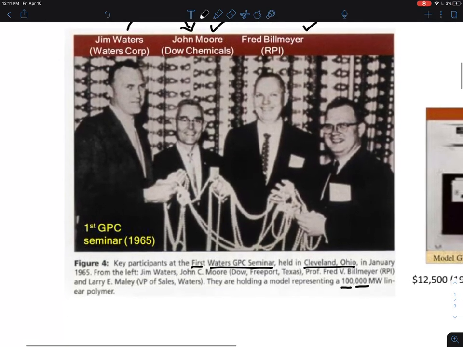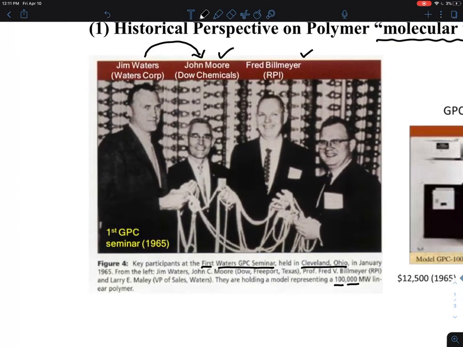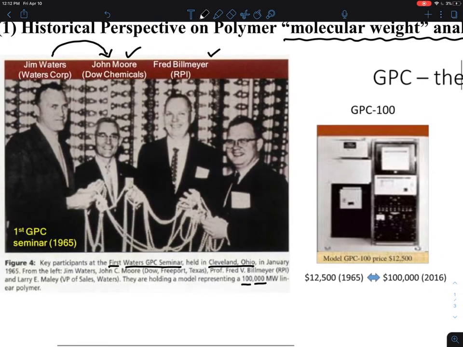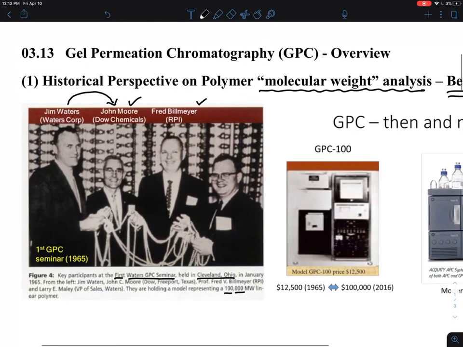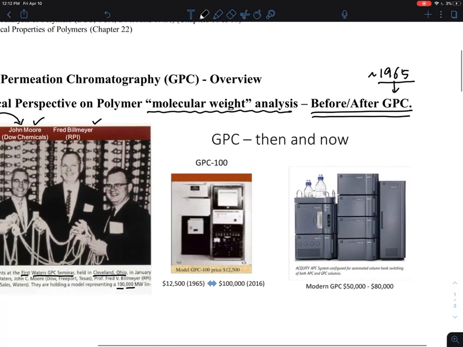Later, Waters bought this GPC patent from Dow Chemical, and now Waters Corporation has become one of the very large companies, particularly when it comes to HPLC and the GPC techniques.